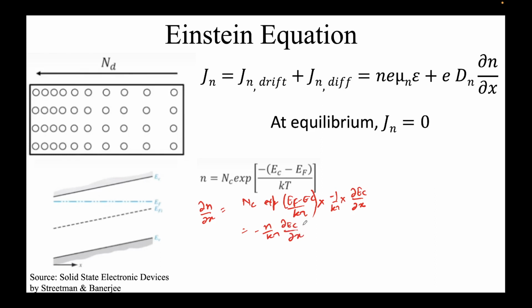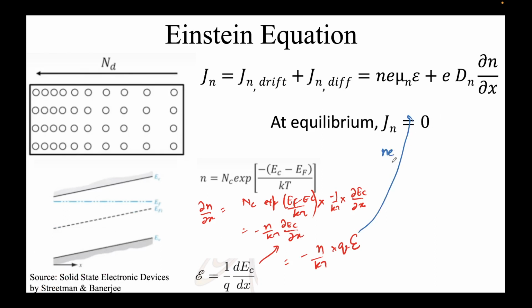Now if you recall, dEc over dx is nothing but qE. You put this here, so this will come out to be minus n over kT into q times E. This is the electric field E that I'm talking about here. Let's put everything in this expression. So let's put this dn over dx value in Jn equal to 0.